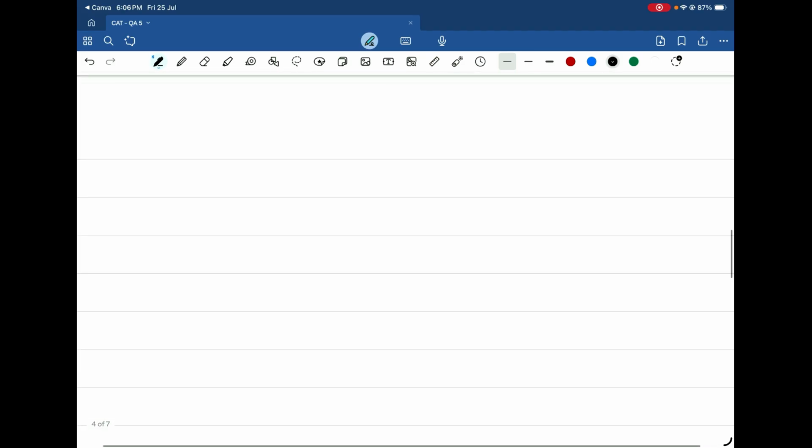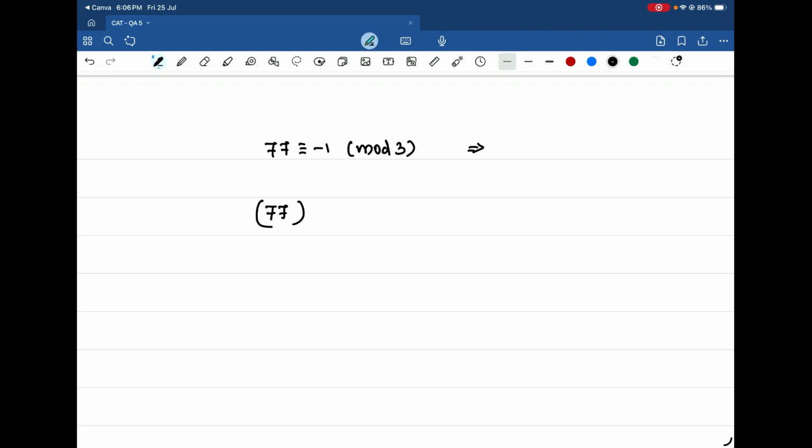Now, we will take this one. We agree that 77 equivalent to minus 1 mod 3, because 77 plus 1, minus 1 comes to the left hand side, means 78 equivalent to 0 mod 3. 78 is fully divisible by 3, which implies 77 to the power of n is equivalent to minus 1 to the power of n mod 3. This is a property of the mods, the congruence modulo equations.